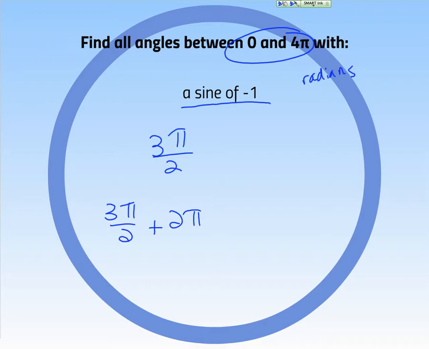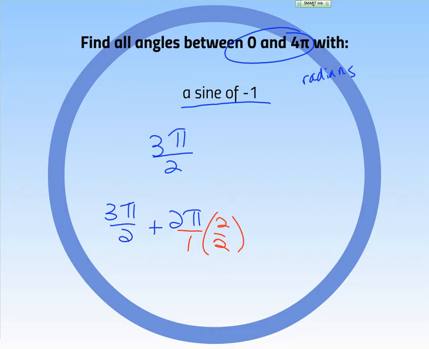Now, we don't want our answer to be a decimal here. We want to be able to keep pi in our answer. So how do you think I could add this just by hand, without going to a calculator? What's in the denominator of this 2 pi? How can I make this have a denominator that's the same as this? Yeah, multiply that by 2 over 2.